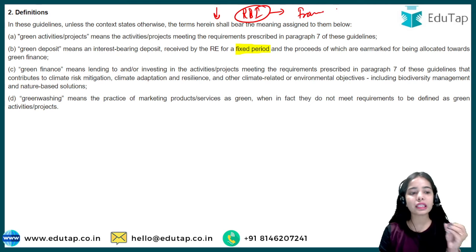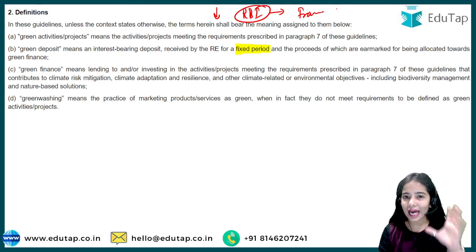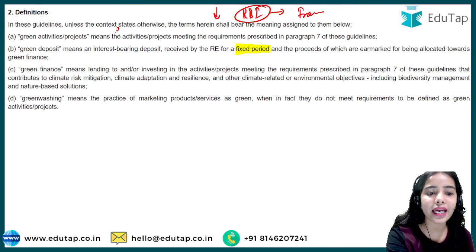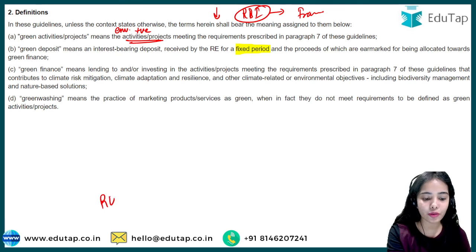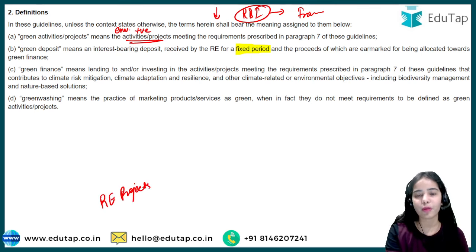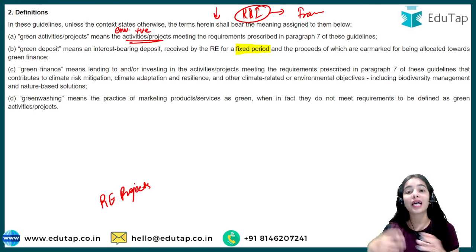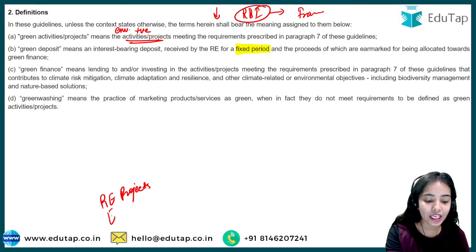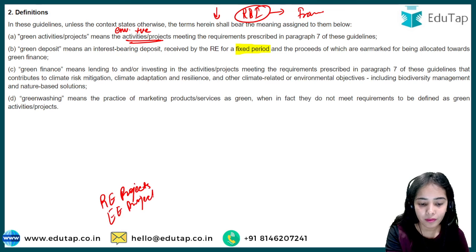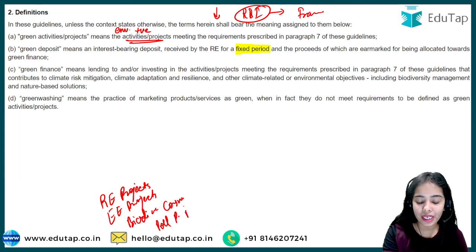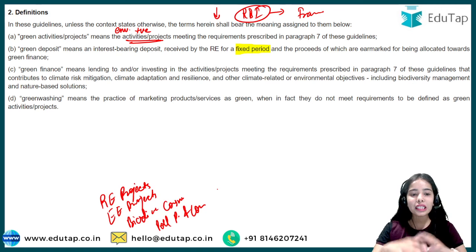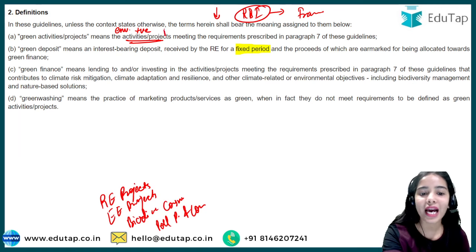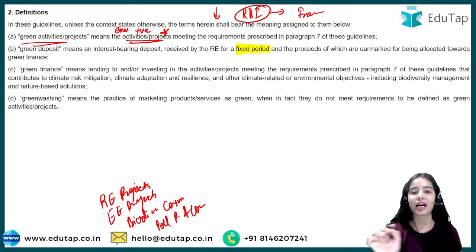Starting with green activities or projects, they are the environmentally positive activities or projects, such as renewable energy projects, solar power plant projects or solar energy projects, hydropower energy projects, energy efficiency projects, as well as biodiversity conservation projects or activities, and pollution prevention and control activities and projects. These all are environmentally positive activities or projects, and these are the green activities or projects.